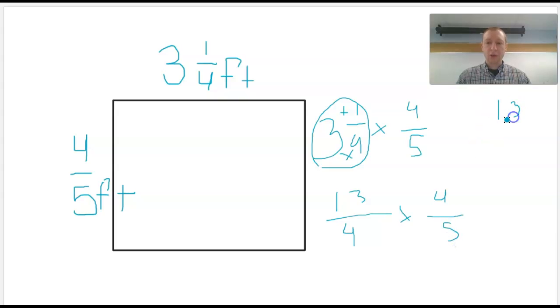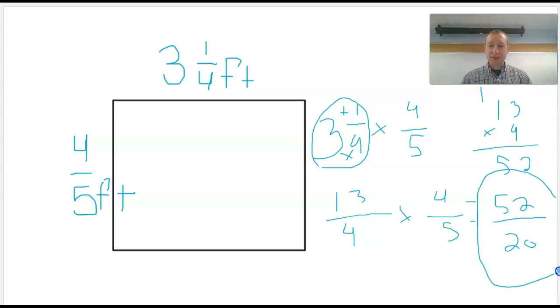All right, what's 13 times 4? I don't know. 13 times 4 is, let's see, 12, and then 4 times 1 is 4, plus 1 is 5, so that's 52. So 13 times 4 is 52. And 4 times 5 is 20. So I got 52/20. Now remember though, this is an improper fraction. So how do I turn it into a mixed number? I divide.